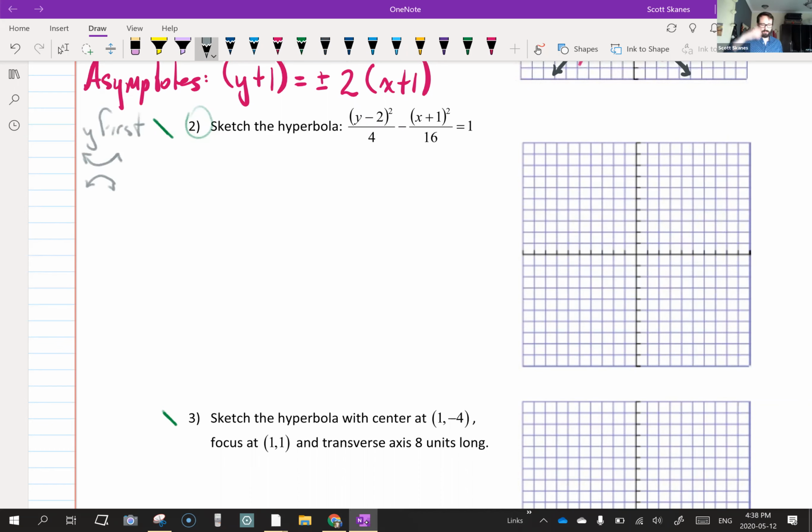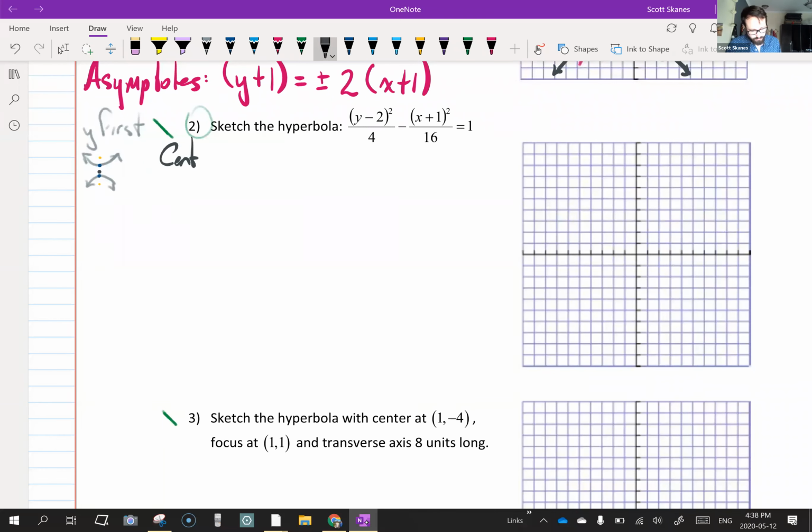What I mean by transverse axis is that everything is going to happen on the Y axis now, because Y is the main thing here. So everything goes up and down that axis. And so I could put my center in the middle if I wanted to. You don't need to. Vertices are going to be there, focus is going to be there, and everything has to do with that, yeah? So let's start the process.